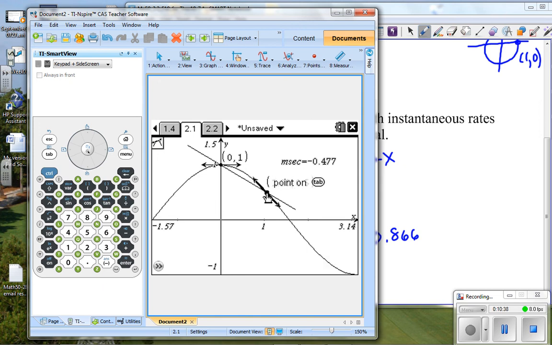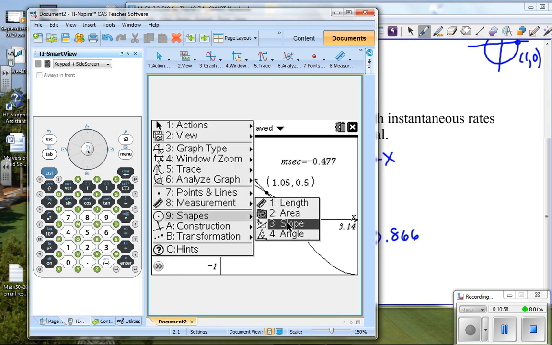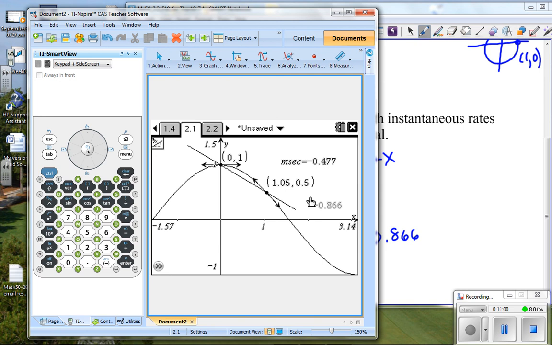Instantaneously at this point, for every 1 unit increase in input, our outputs are decreasing by approximately 0.866 units. Okay. We can verify that, of course, by looking at the slopes of these, and so the slope of that would be, of course, negative 0.866.